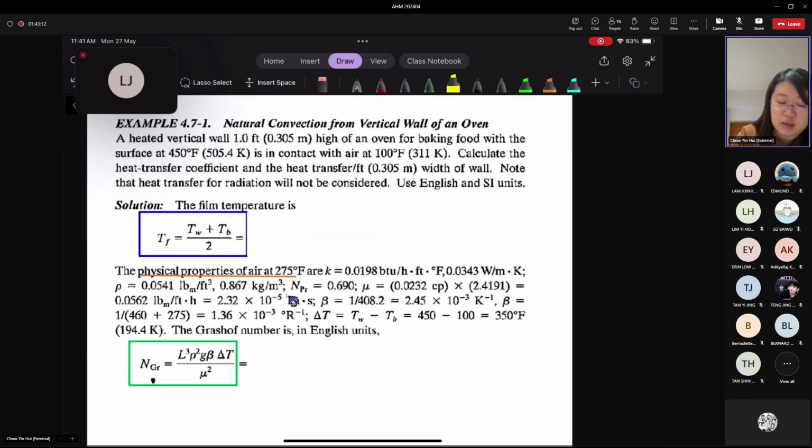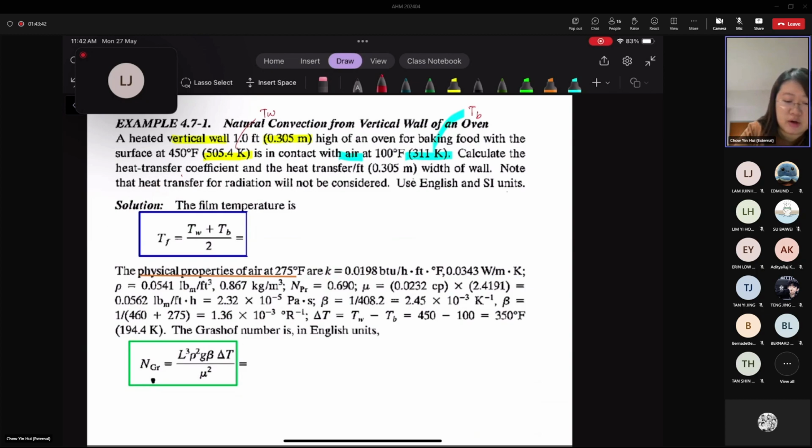Here, a heated vertical wall, which is 0.305 meter high, of an oven for baking food, with a surface temperature of 505.4 Kelvin. This is the wall temperature. It is in contact with air, and the air is at 311 Kelvin, which is the bulk fluid temperature, T infinity.